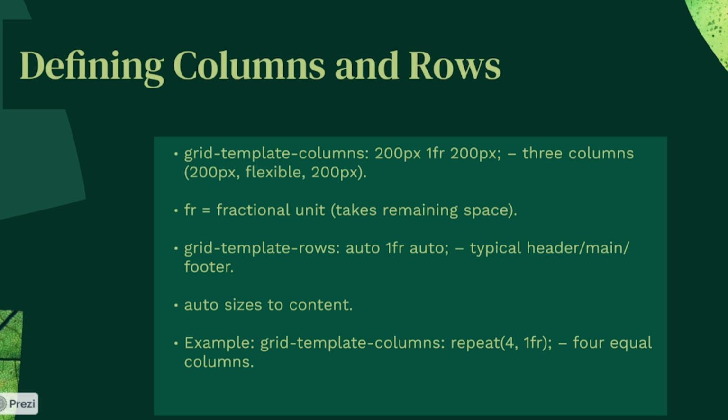You can change the pixel values as you need. We can also use the fr unit. The fr stands for fractional units. Fractional units help describe the available space, and they take the remaining space.